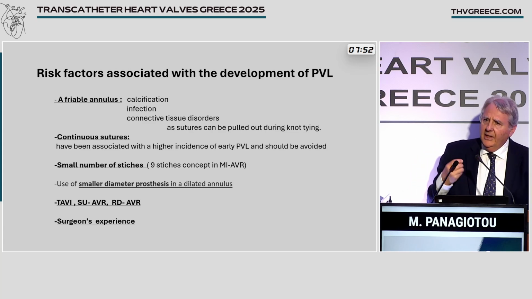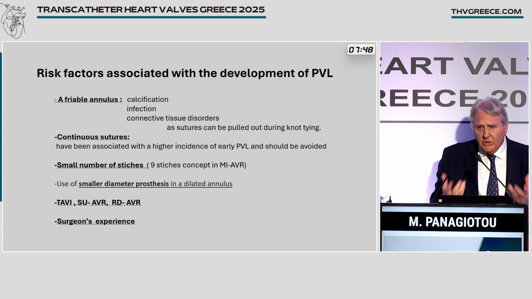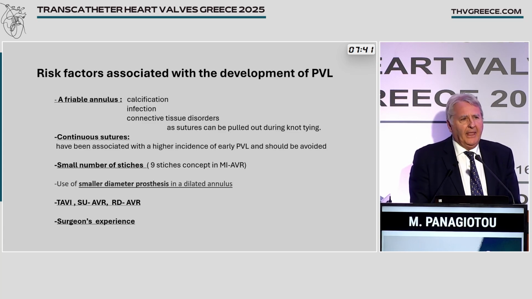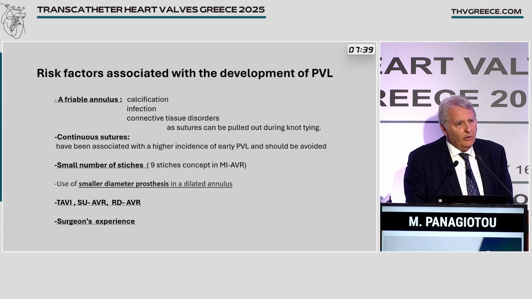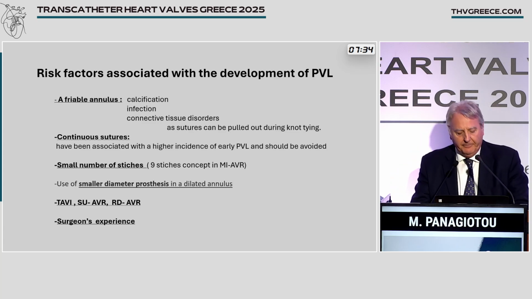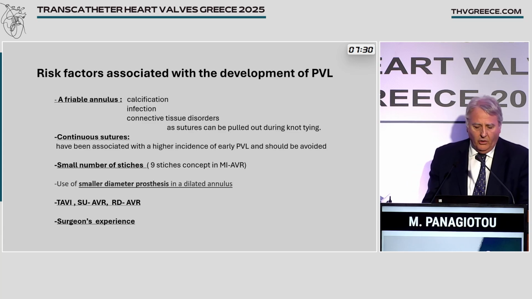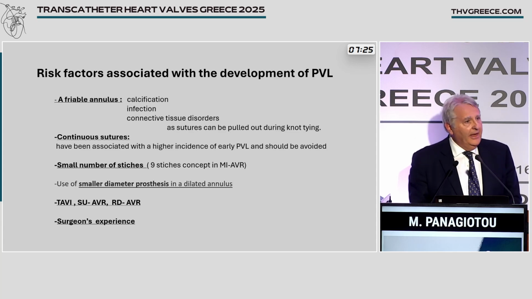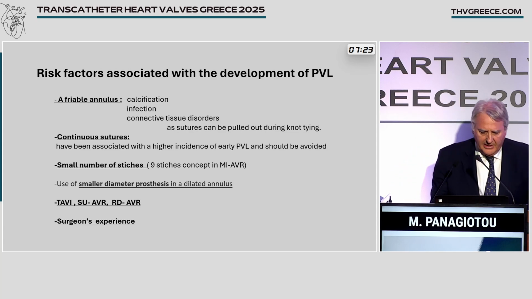It also happens if you implant a small diameter prosthesis in a hugely dilated annulus, or if you choose a prosthesis without stitches, like the TAVI, the sutureless aortic valve implantation, or the rapid deployment aortic valve replacement. All these three kinds of implants increase the probability of PVL.